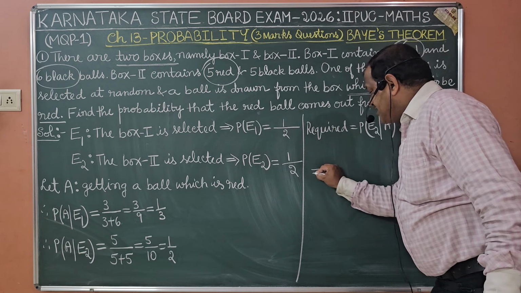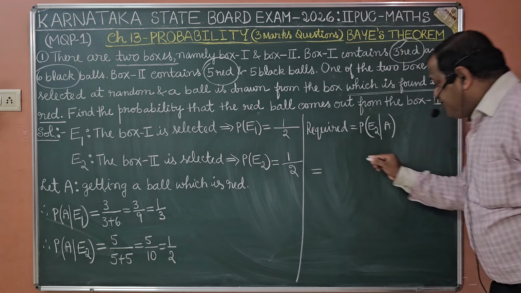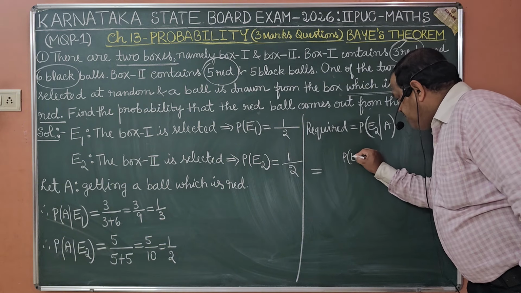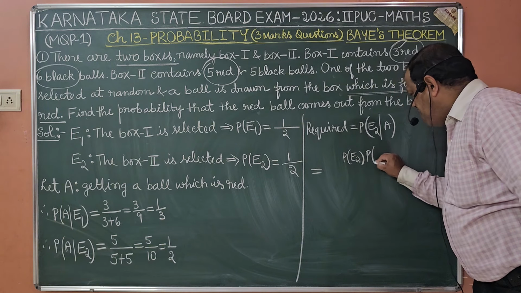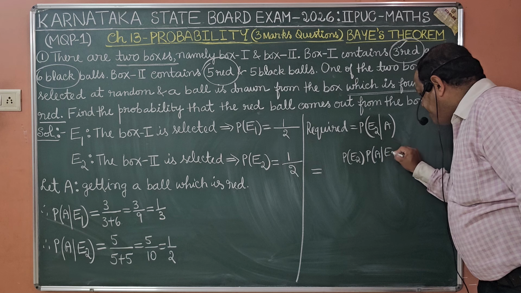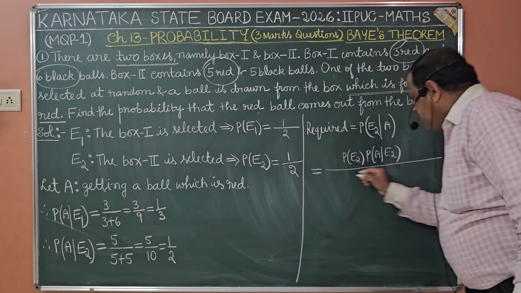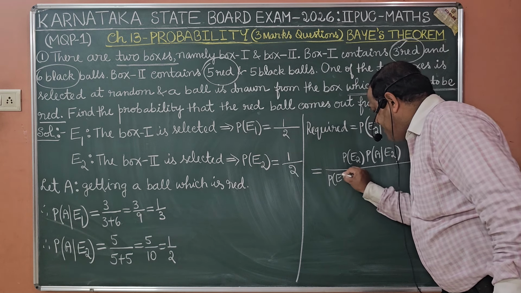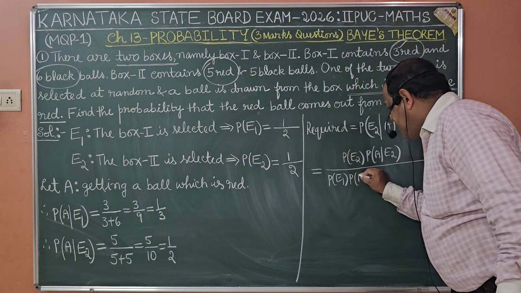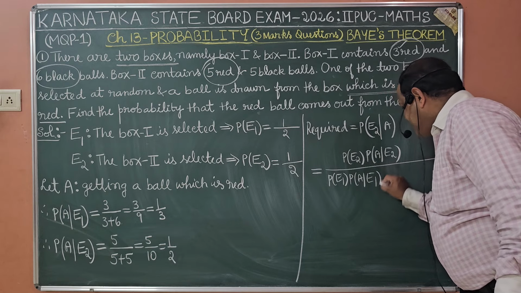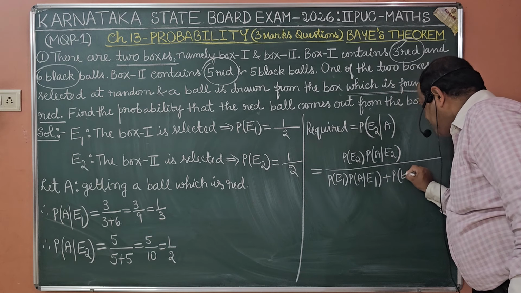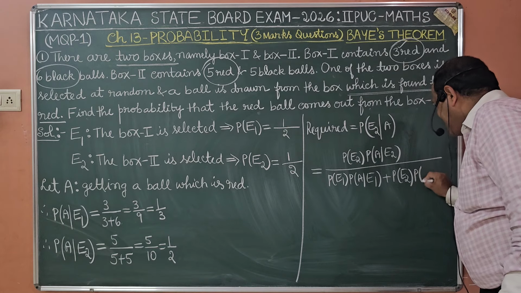And now, I had given the formula previously in the same video. P of E2 given A is P of E2 into P of A given E2, divided by P of E1 into P of A given E1 plus P of E2 into P of A given E2.